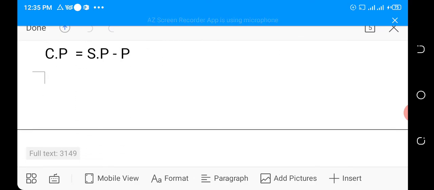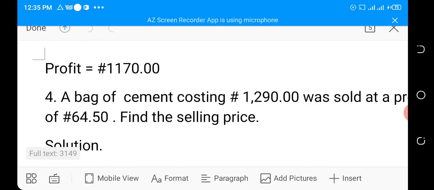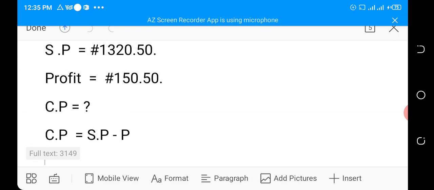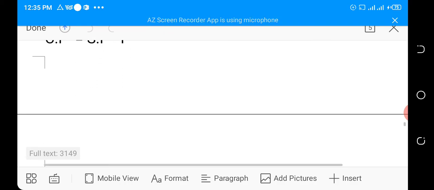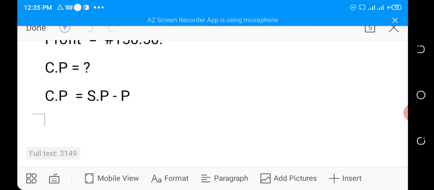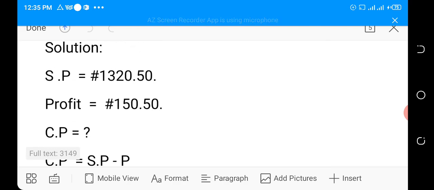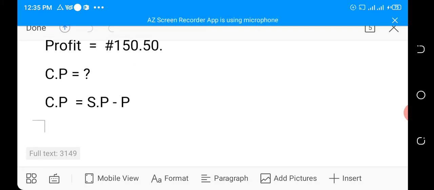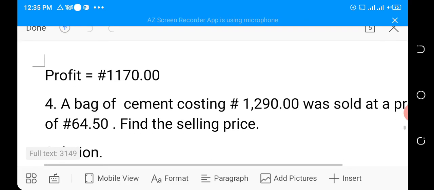So you have 1,320 naira 50 kobo minus 150 naira 50 kobo, and the answer will be 1,170 naira. When you subtract, you put your selling price 1,320 naira 50 kobo up and 150 naira 50 kobo down, and you make sure that the points are on the same vertical line.